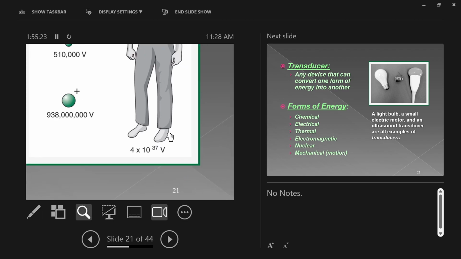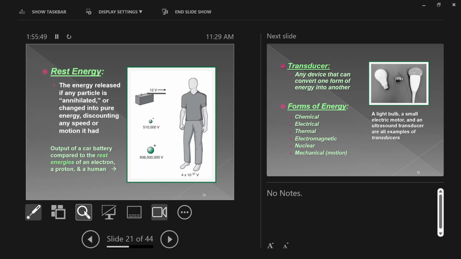This is take the number 4, multiply it by 10, 37 zeros after it. Okay? And that's how many volts. It's a big number, right? It is a trillion, trillion, trillion. It's actually 10 trillion, trillion, trillion volts, right? It's just too big of a number to express in any other form but orders of magnitude or scientific notation, right? So yeah, you're worth a lot of energy, okay?